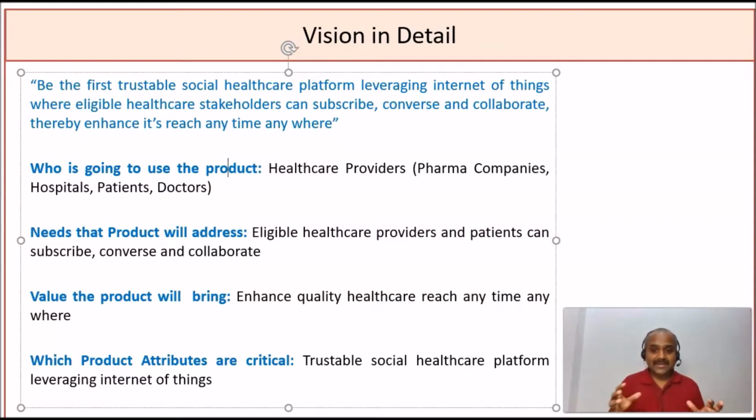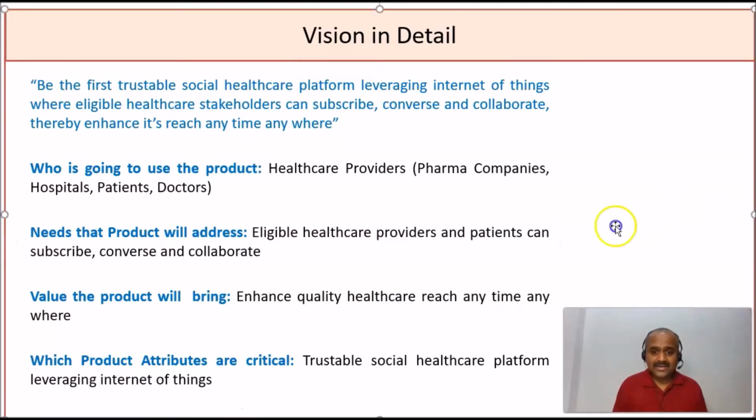Ultimately the value should get exchanged. What value will our product bring? We enhance quality healthcare and its reach anytime, anywhere. And which product attributes are critical, my friends? It is a trustable social healthcare platform leveraging Internet of Things. These are the critical attributes that we wanted to highlight as part of the vision.